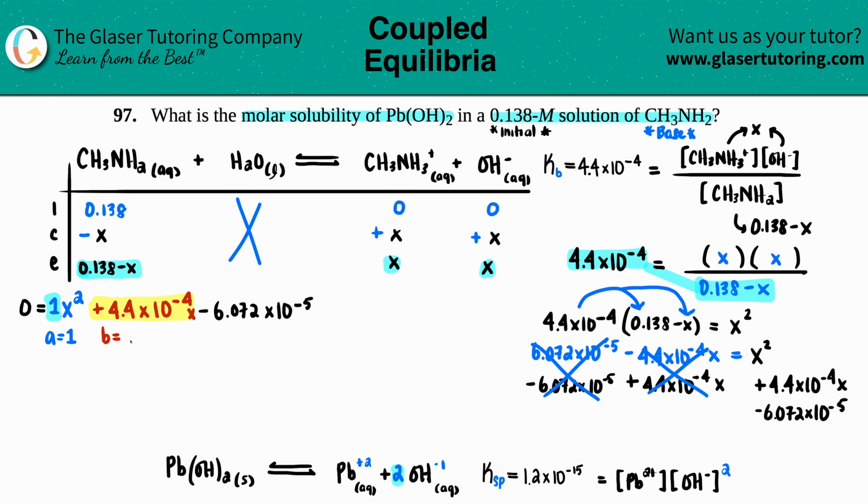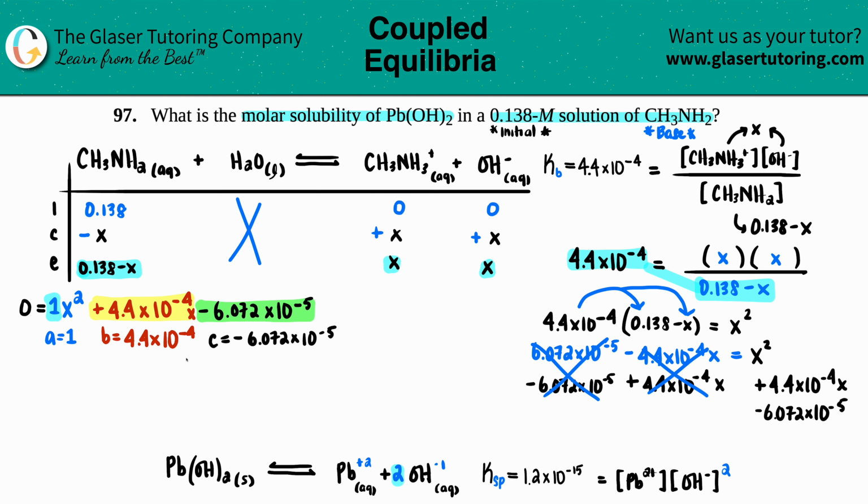Just make sure that it's either positive or negative. So 4.4 times 10 to the negative 4th. And then your C value is just the value that's chilling at the end. So C equals negative 6.072 times 10 to the negative 5th.